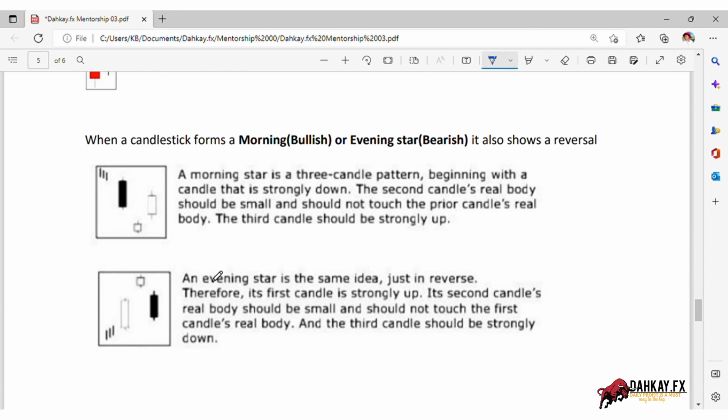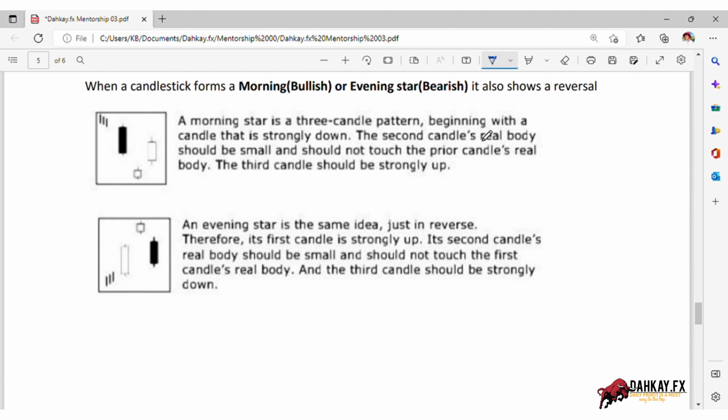So we also have morning and evening star. A morning star is a 3 candle pattern beginning with a candle that is strongly down. The second candle's real body should be small and should not touch the previous candle's real body. The third candle should be strongly up.